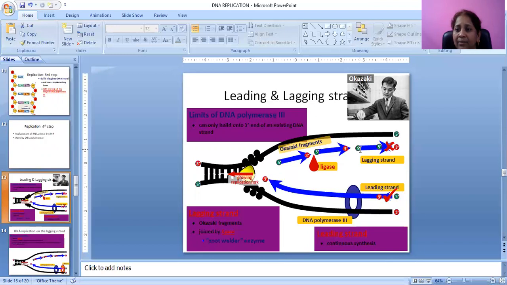These fragments were first discovered by Okazaki, so they are called Okazaki fragments. Here you can see this is one, this is the second, and this is the third. These Okazaki fragments are joined by DNA ligase. DNA ligase is the spot welder enzyme.